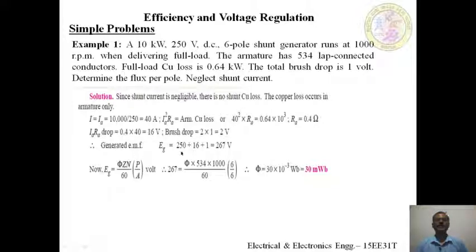Therefore generated EMF is equal to V plus IA RA plus brush contact drop, that is 250 plus 16, which is 267 volt. Again, from the induced EMF equation, E equals phi Z n by 60 into P by A, we can calculate the value of phi. Substituting all other values, it will be around 30 milliweber. Okay.